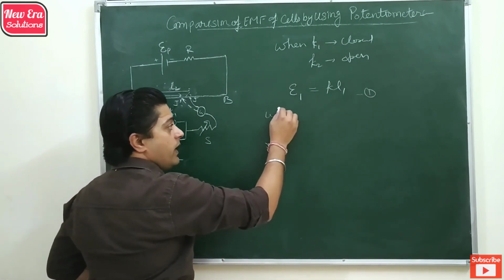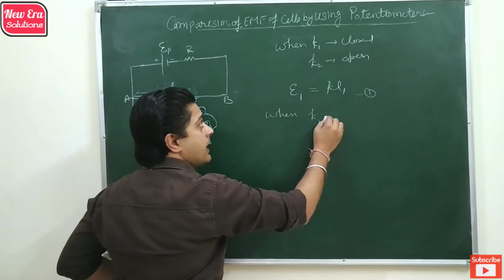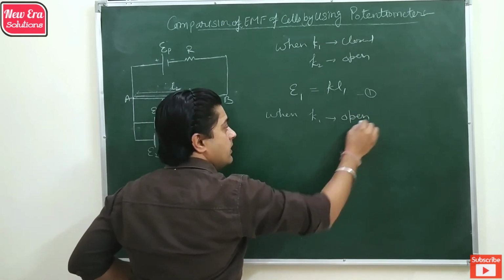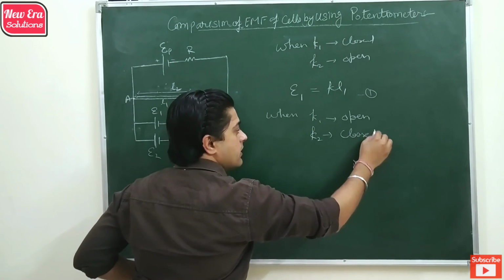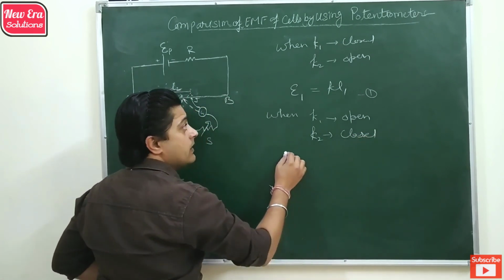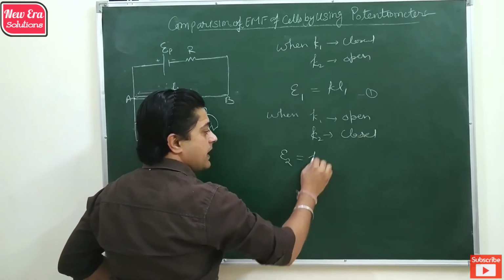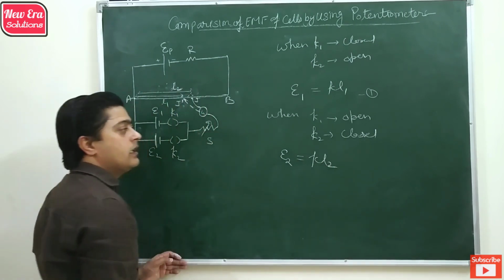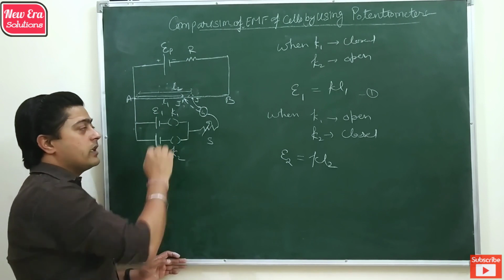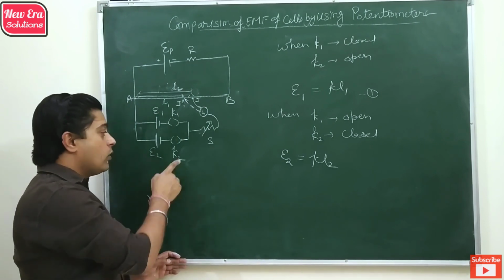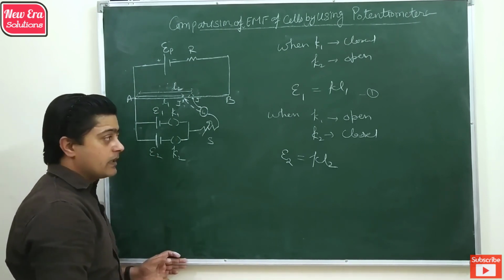Similarly, when the key K1 is open and K2 is closed, the EMF of the second cell is obtained by using the balance length L2, because now E1 is not participating in the circuit, only the E2 cell is participating in the circuit.